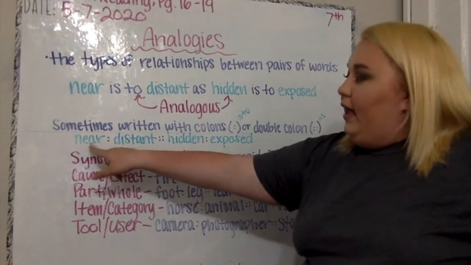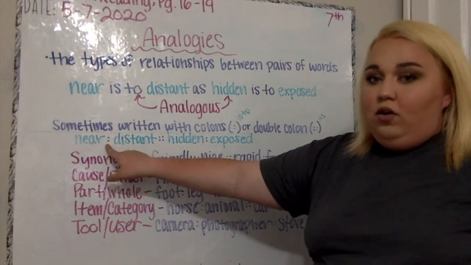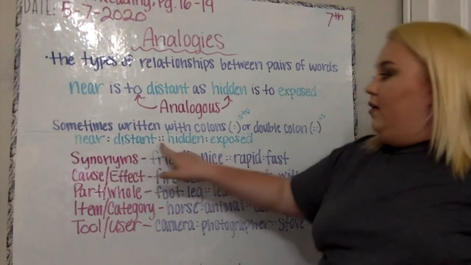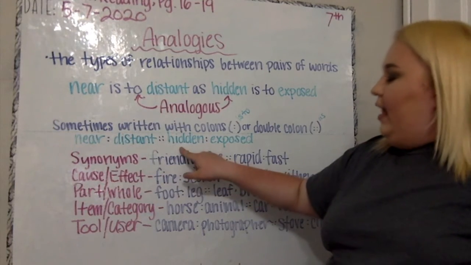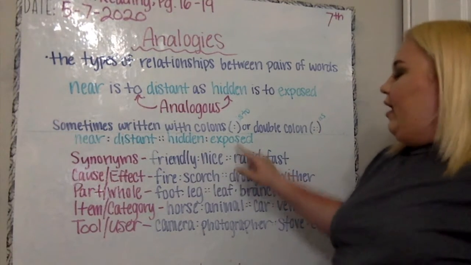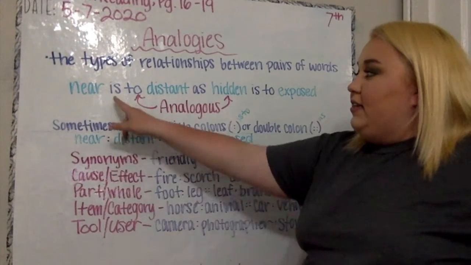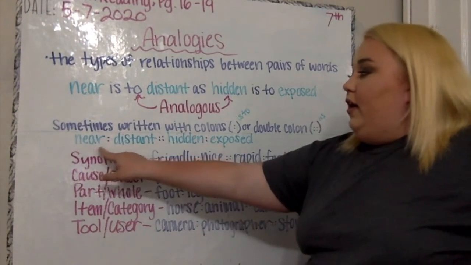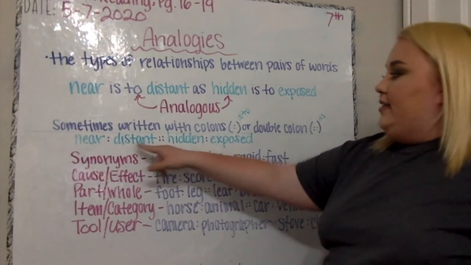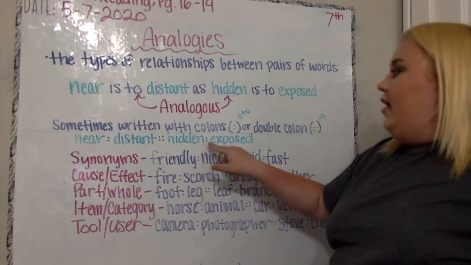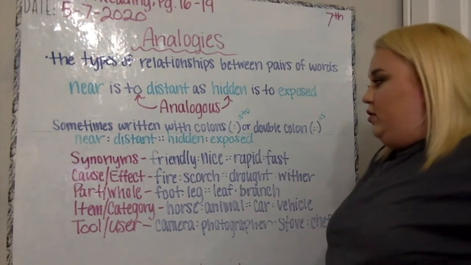So if you look, it says near, single colon, distant, double colon, hidden, single colon, exposed. What that says is the same thing it says up here: near is to distant as hidden is to exposed.